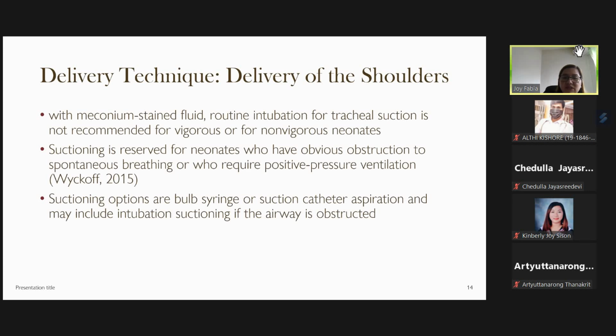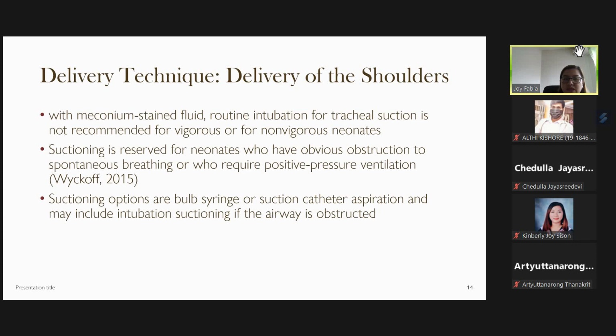With meconium-stained fluid, routine intubation for tracheal suctioning is also not recommended, especially if the neonate is vigorous. And sometimes even for non-vigorous neonates, they don't advise routine intubation for tracheal suctioning.